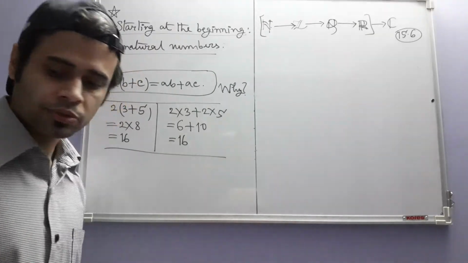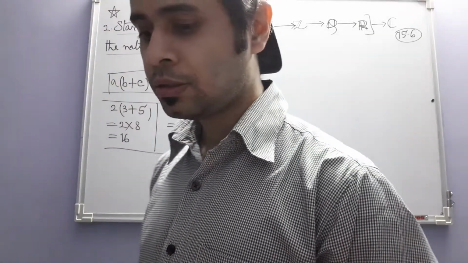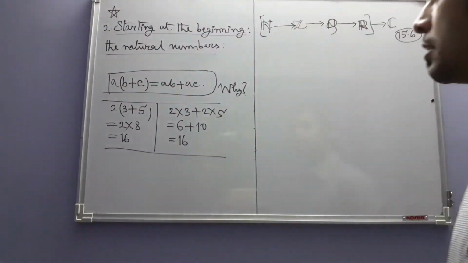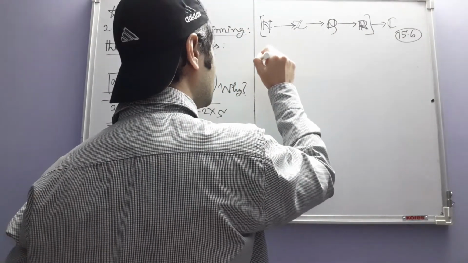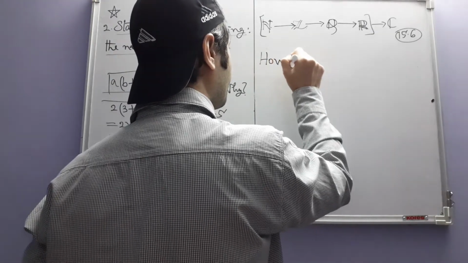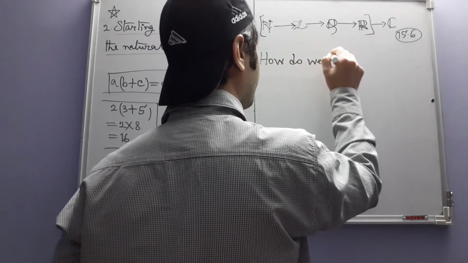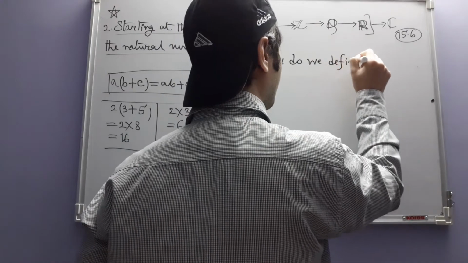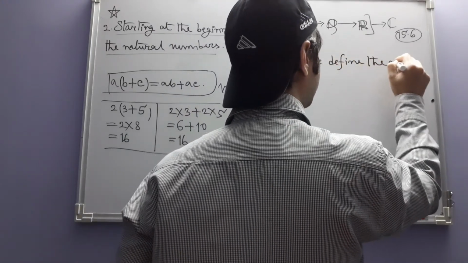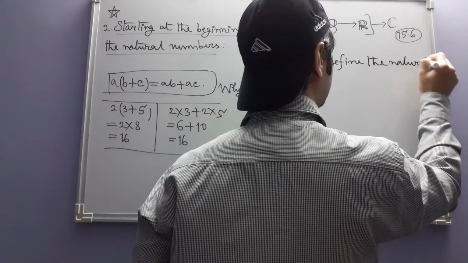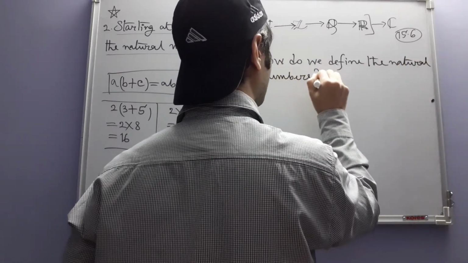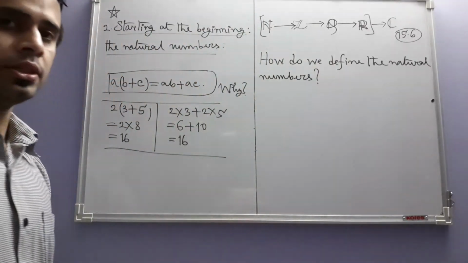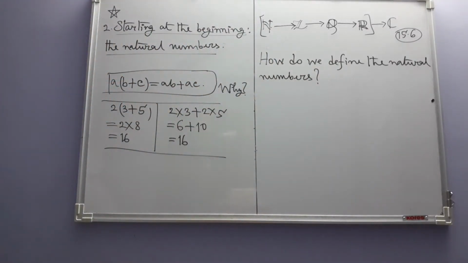Okay, now we come to the question of how to actually define the system of natural numbers. How do we define the natural numbers? Now this question may seem very easy, but actually is quite difficult to answer.